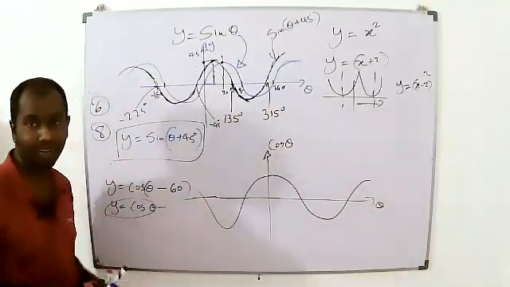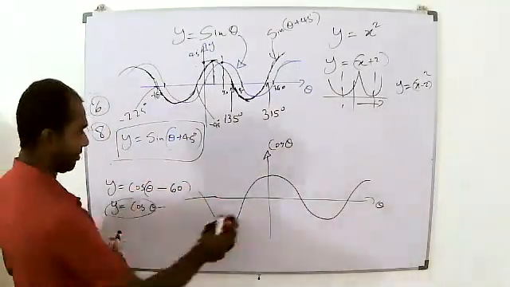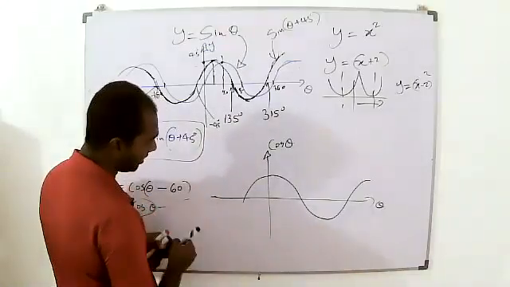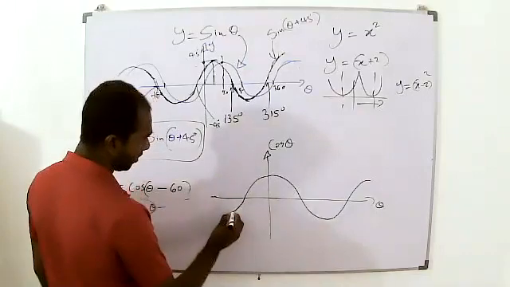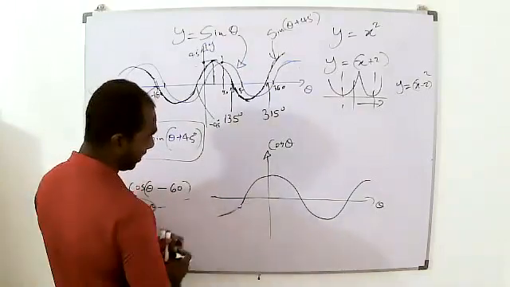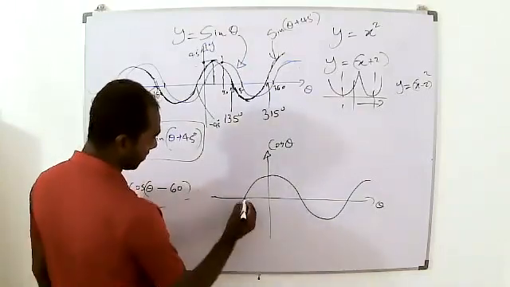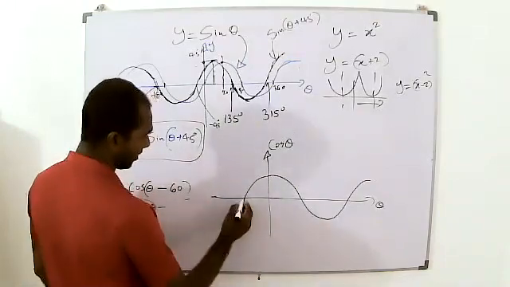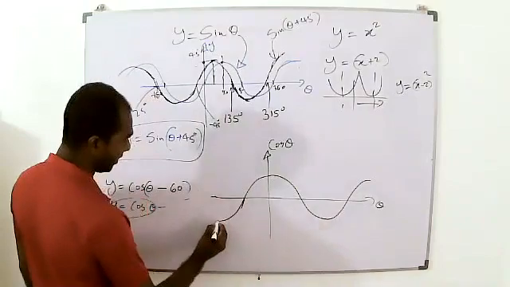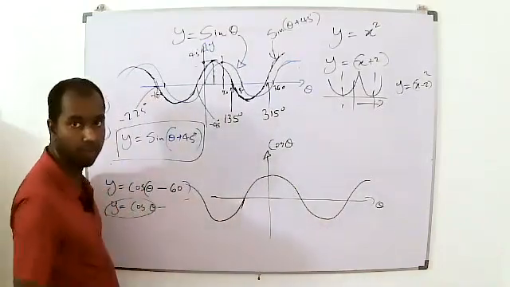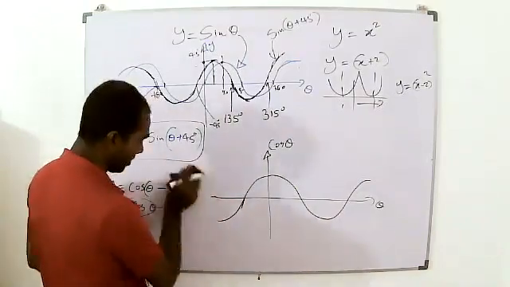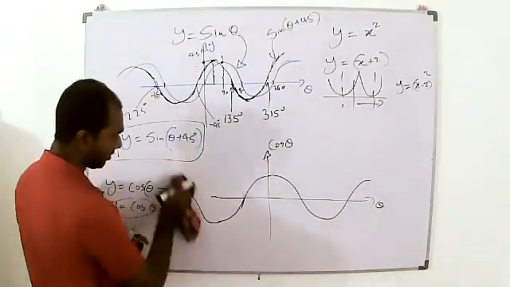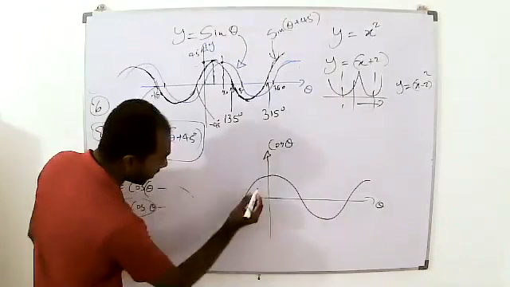If we are trying to remember it like a parrot, you can just think it's going to go forward how many? 60 degrees. This same graph will shift forward 60 degrees. Same graph will shift forward how many degrees? 60 degrees.